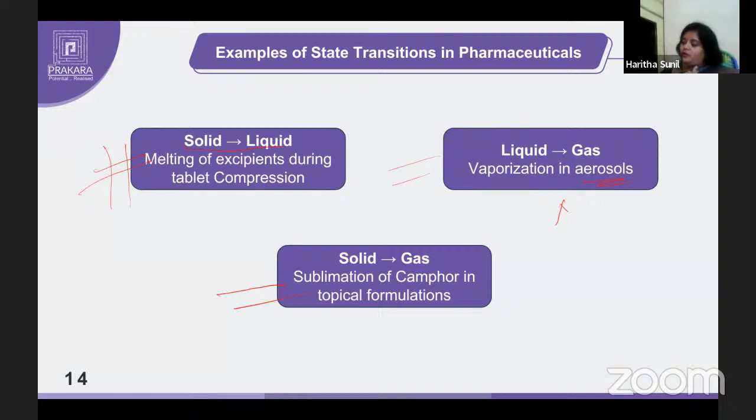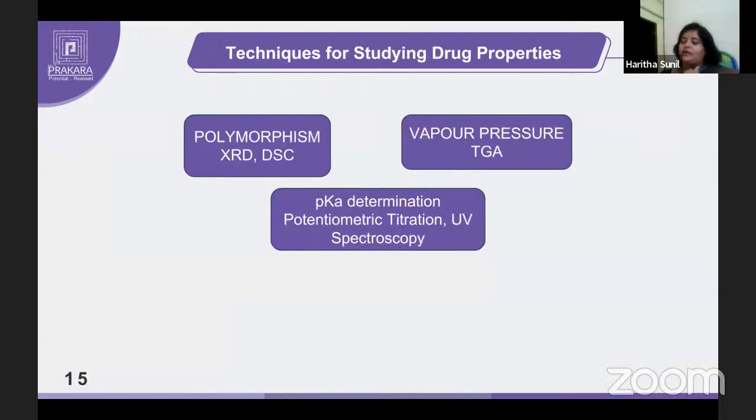And then the next one we have is the techniques for studying drug properties. The first one is polymorphism, that is, to determine what type of polymorph is present.